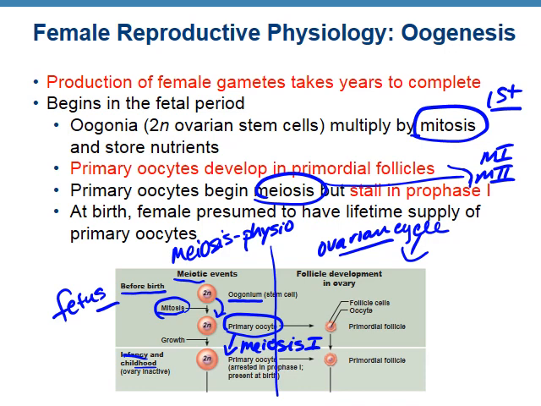So it says primary oocyte arrested in prophase 1 at birth. So basically, your primary oocyte is going to get ready to divide and begin meiosis, but it stops or gets stalled. So we can see here, these are the primordial follicles.